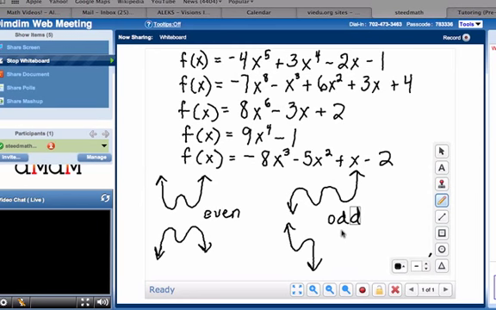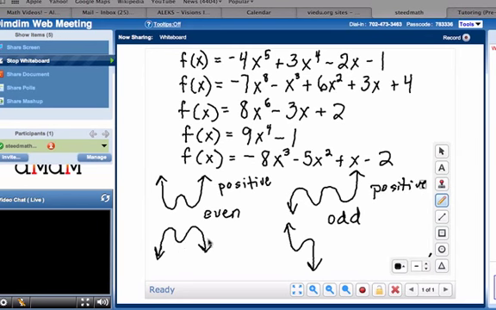Now, that's even and odd. Positive and negative actually have to do with what's happening off to the right of each of our functions. This one is increasing over here, so it is positive. And this one's increasing, so it is positive.